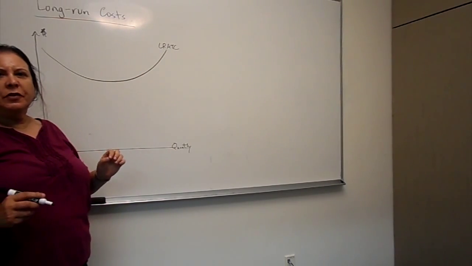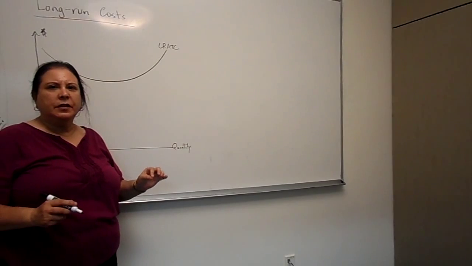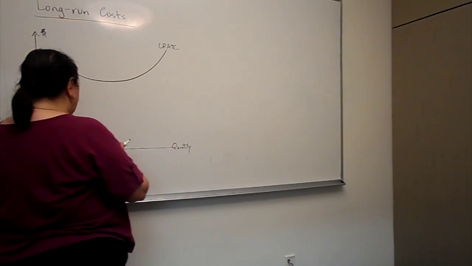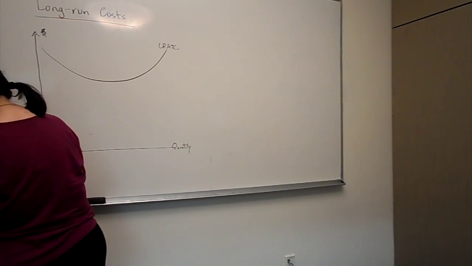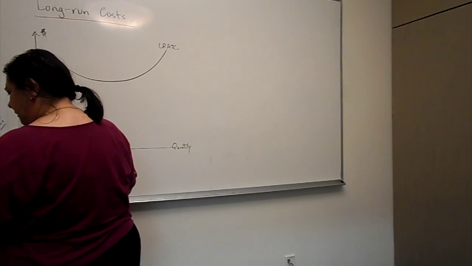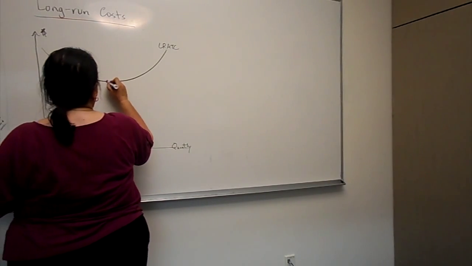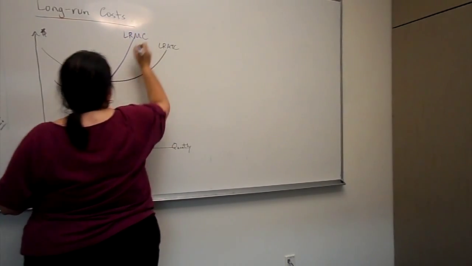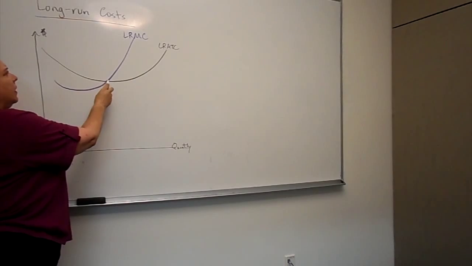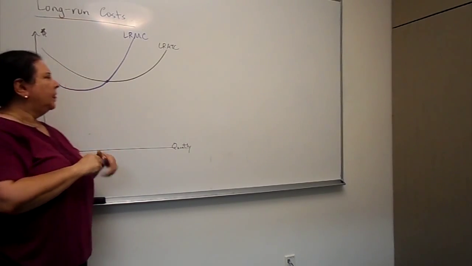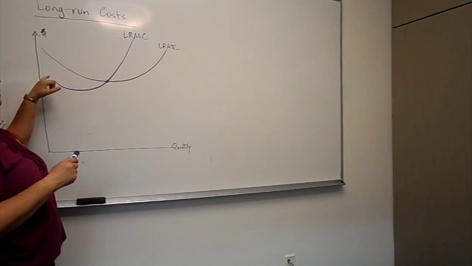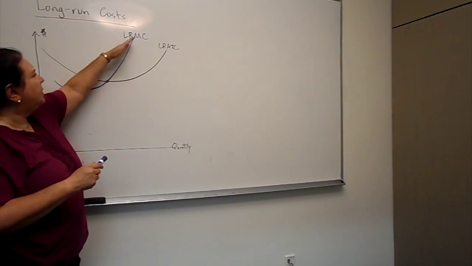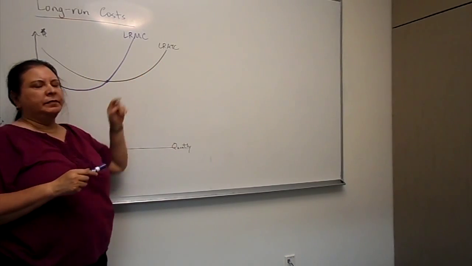Now, there's also a marginal cost in the long run, and it also has a U shape, so it comes down like this. It comes through the minimum of the average total cost again. It comes back up. As long as the marginal cost is below the average, it's pulling the average down. When the marginal comes above the average, it pulls the average back up.